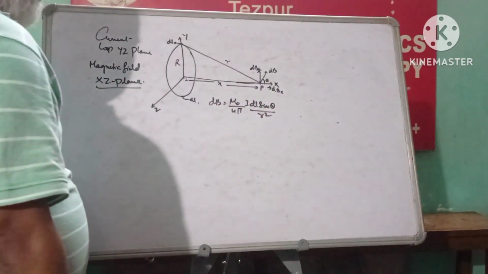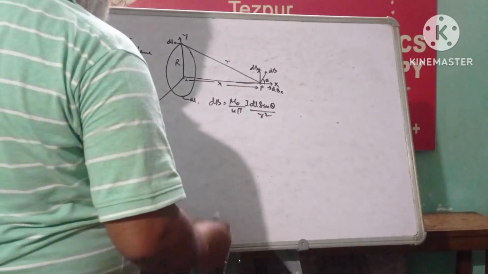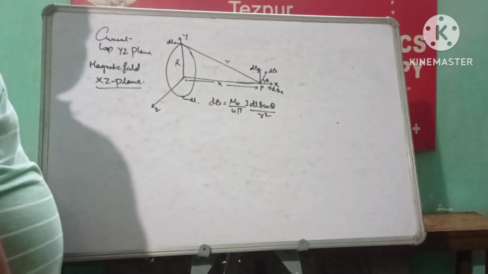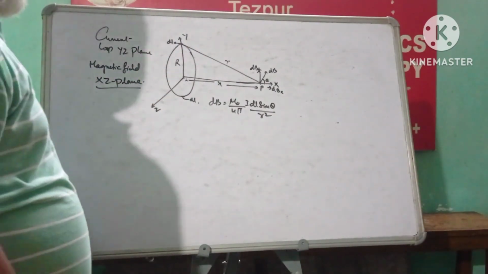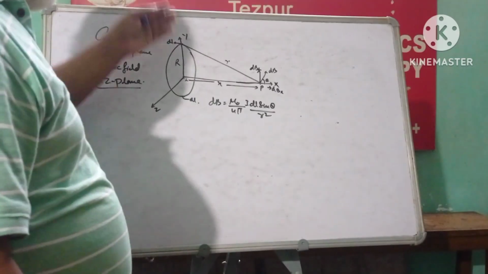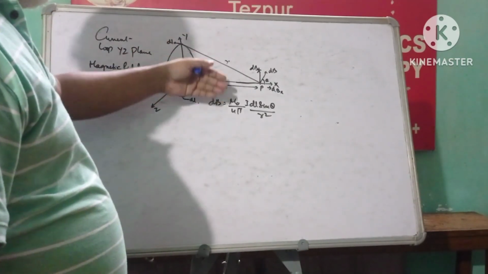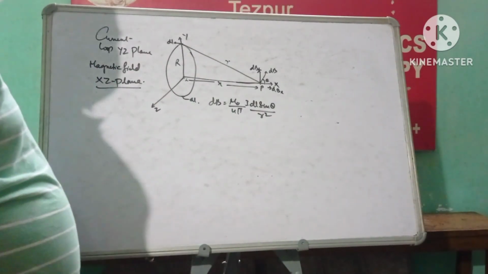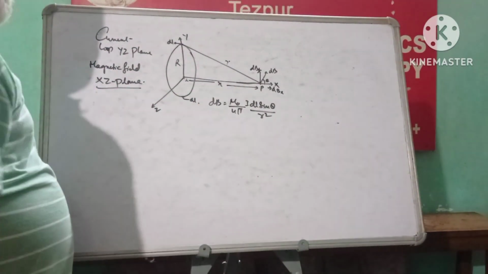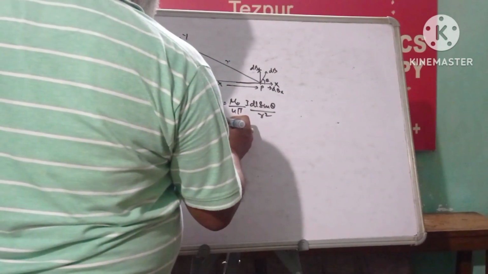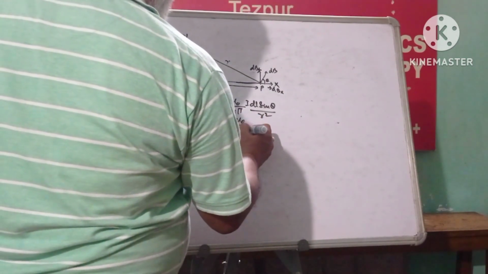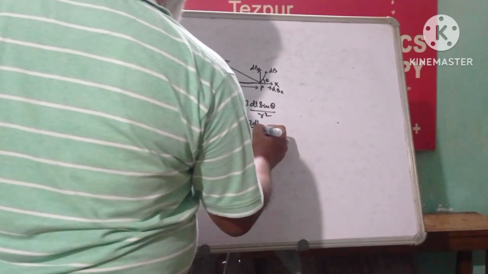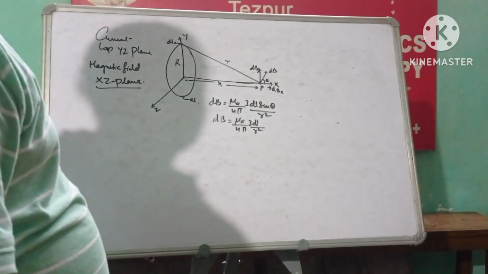Since dl and r are in different planes, because dl is in the yz plane and the r vector is in the xy plane, these two planes make 90 degrees. So your theta will be 90 degrees. So dB will be mu naught by 4 pi, I dl sine 90, which is 1, by r square.